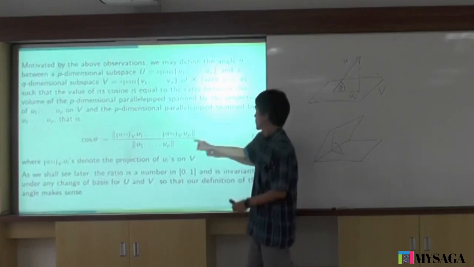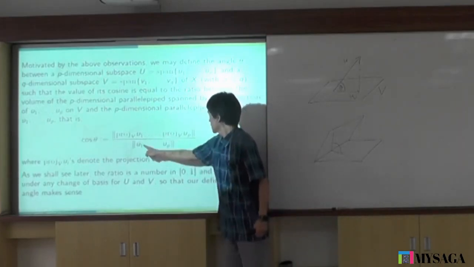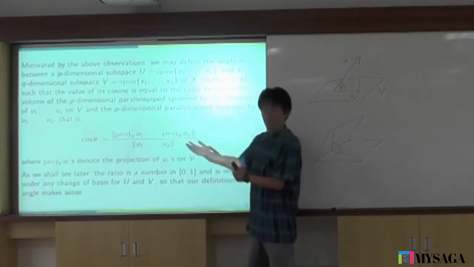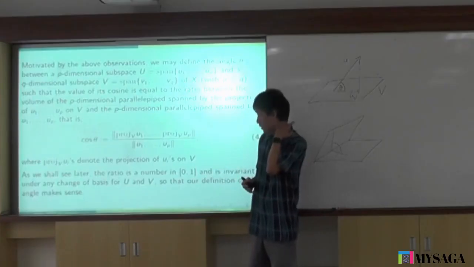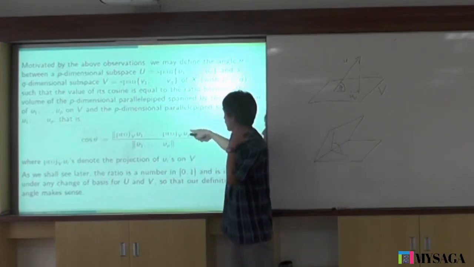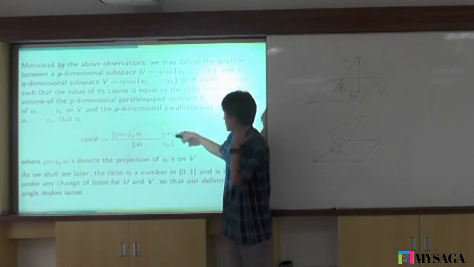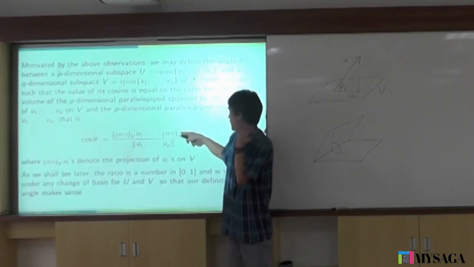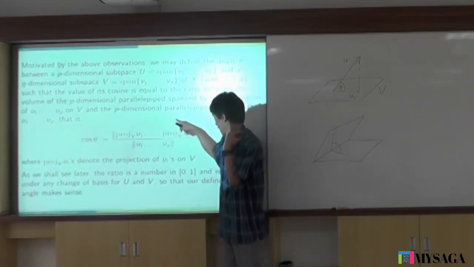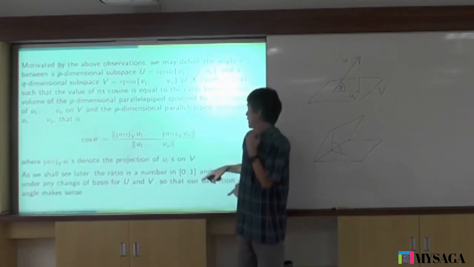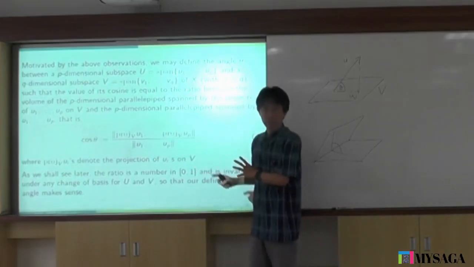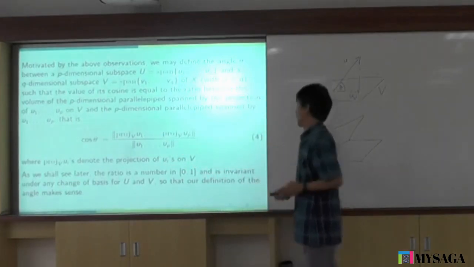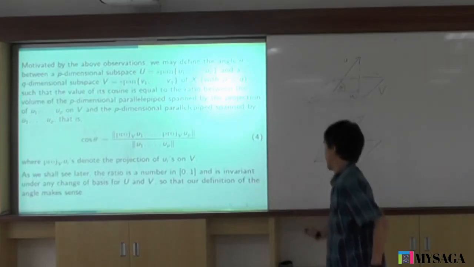So the projection of the original vectors in the subspace U, call them U1 up to UP, will be the denominator of the cosine. Here is, in general, now the volume of the p-dimensional parallelepiped spanned by the projection of each vector on V. So of course V plays a role there.